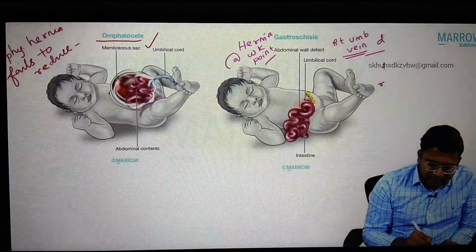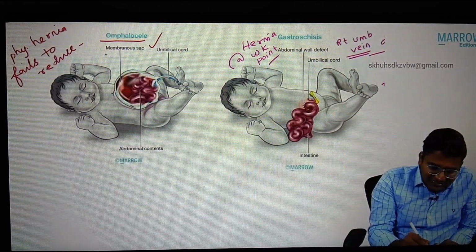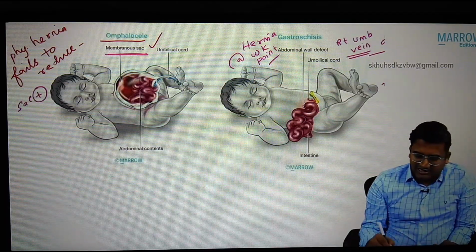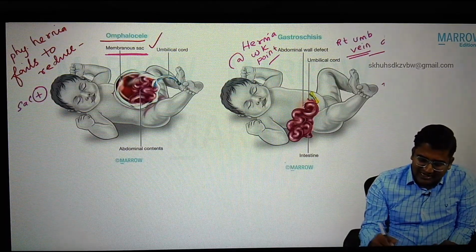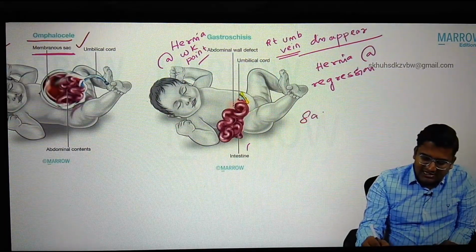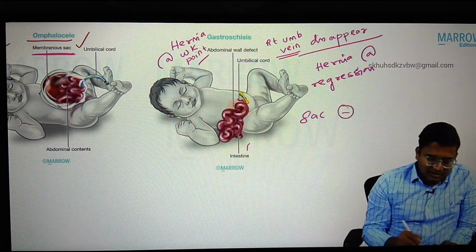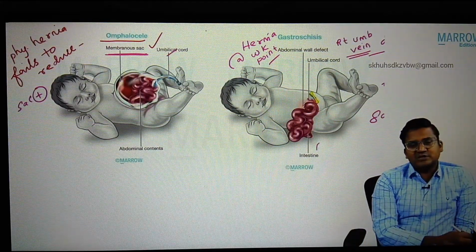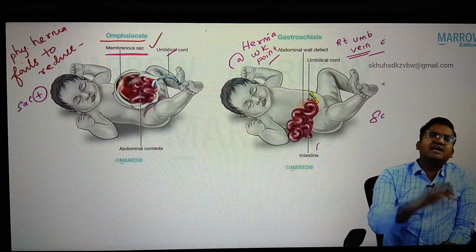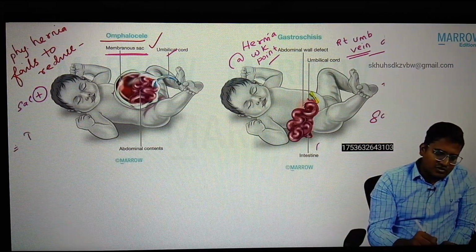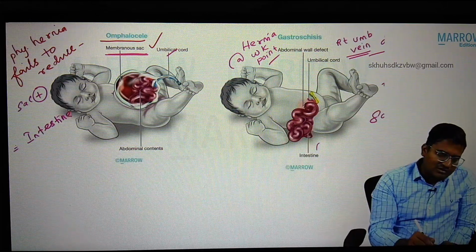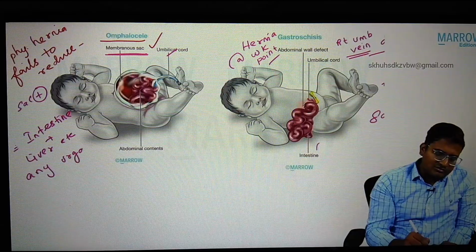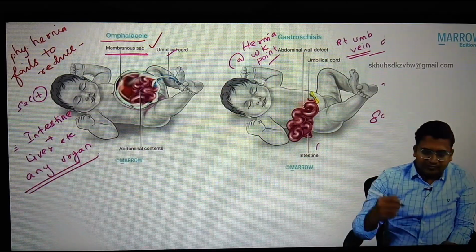Now next one. In the omphalocele, you are seeing the sac. Yes, the sac is present. Whereas in the gastroschisis, do you see any sac here? No, the sac is not seen. Sac is absent. Number 3, what are the contents present here? Initially, the small intestine is present, but later any organ can be present inside, such as the liver.